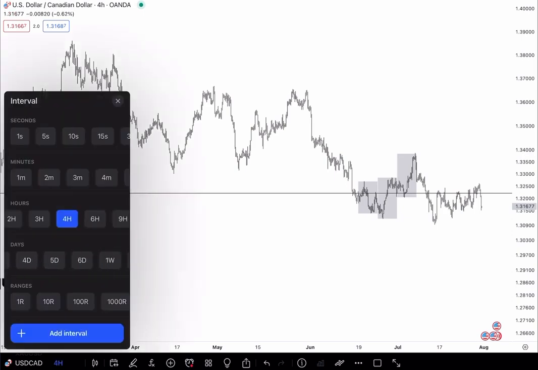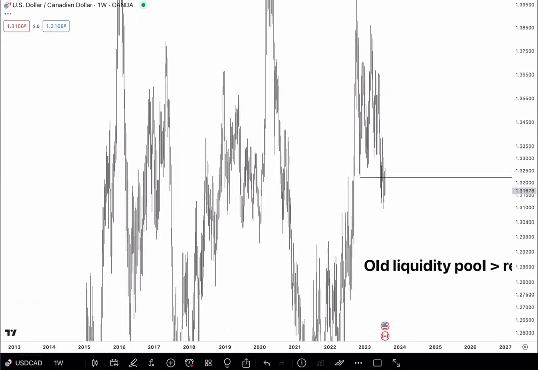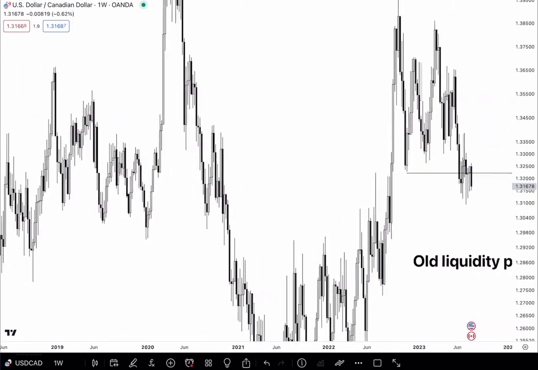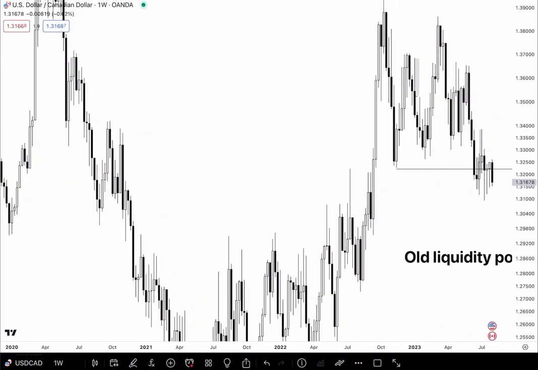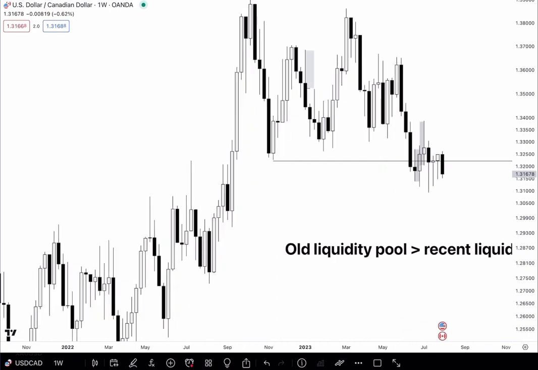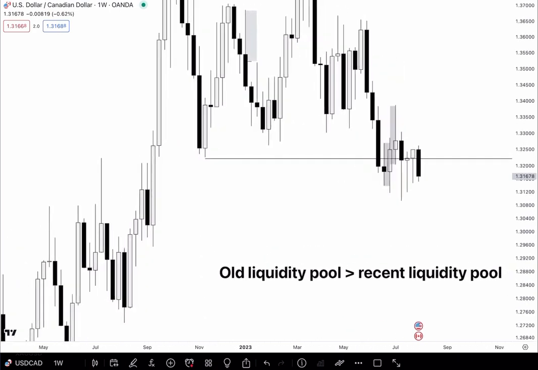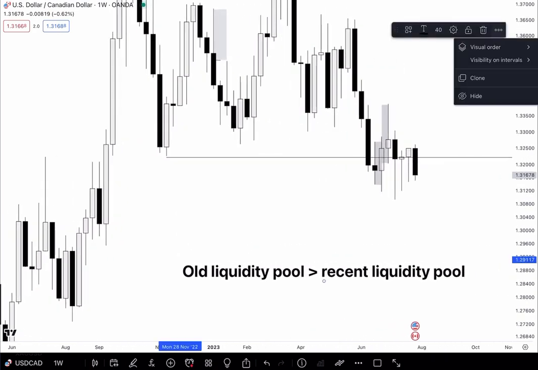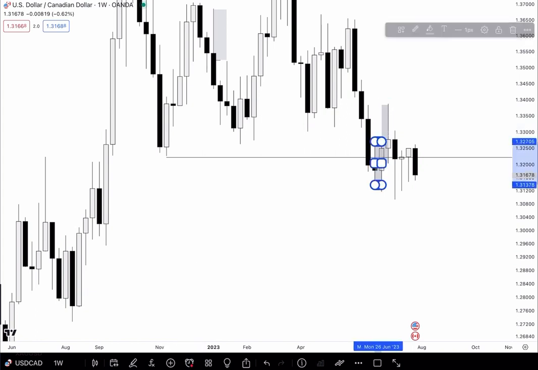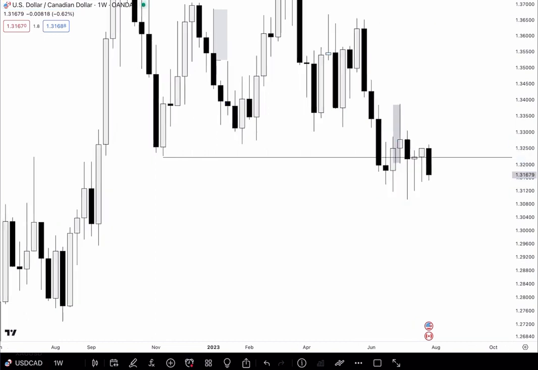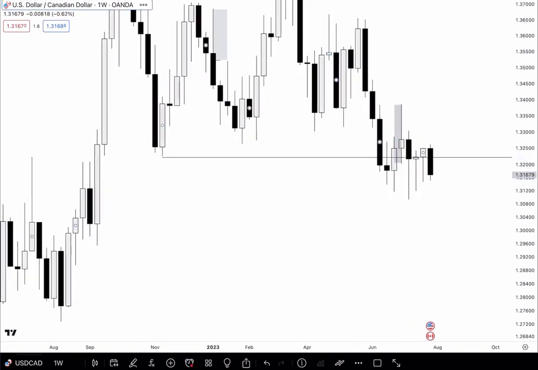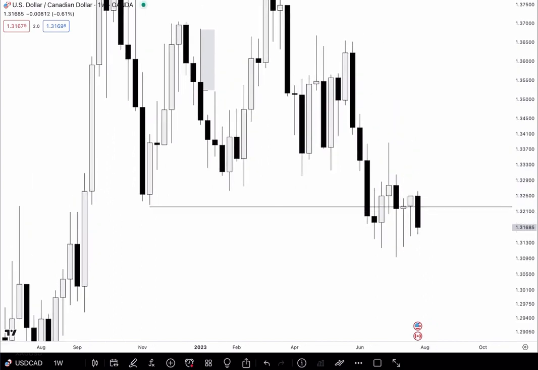You can enter in one of the ways: either a blind entry, or a higher time frame entry, or you can wait for the model to form. I'm waiting for my good old 3 candle pattern. Let's wait for this thick, high volume candle to form into the liquidity pool, preferably.